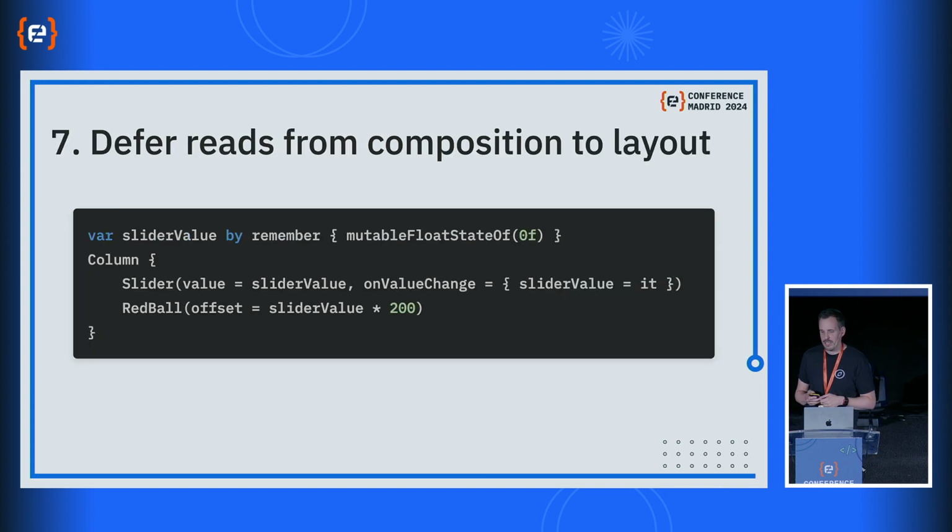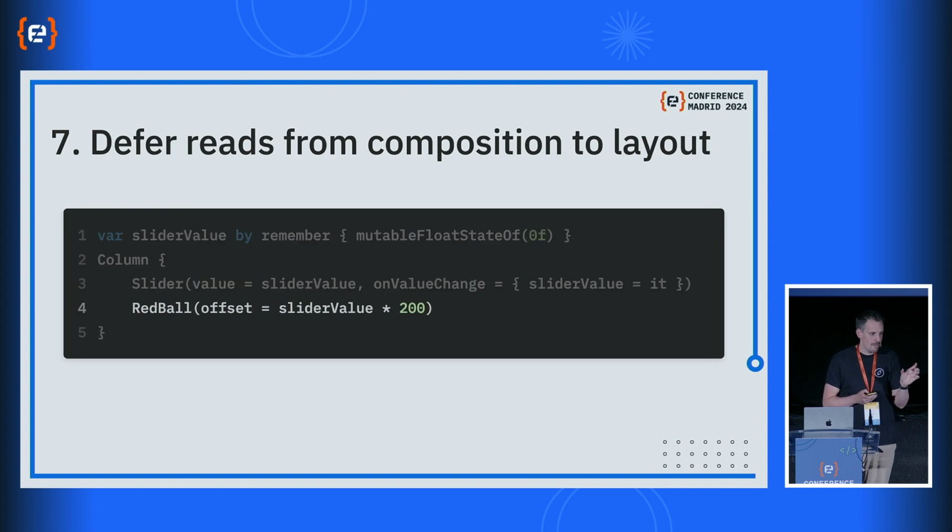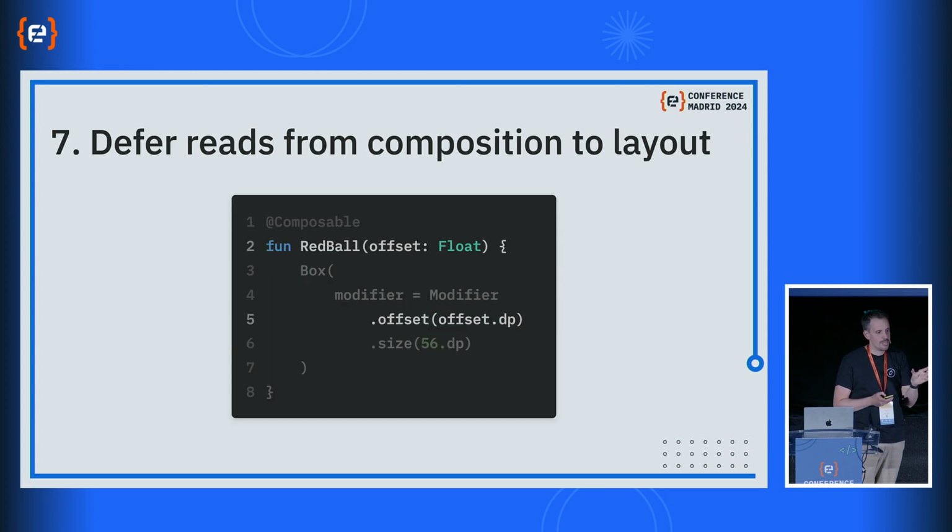And the final one is a bit complex, and I don't have much time, but in any case, when you have a value that is then used in a modifier, like in this case, the slider value is used to modify the offset of the red ball. The problem here is that every time we change the offset, the composable needs to be recomposed.